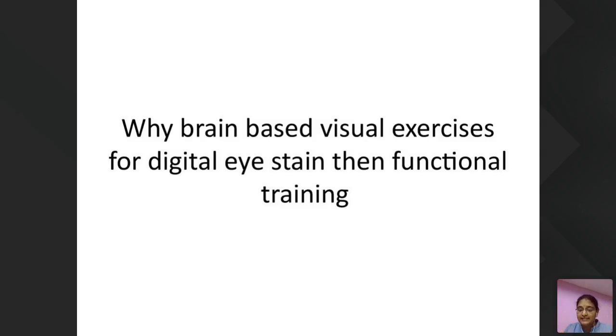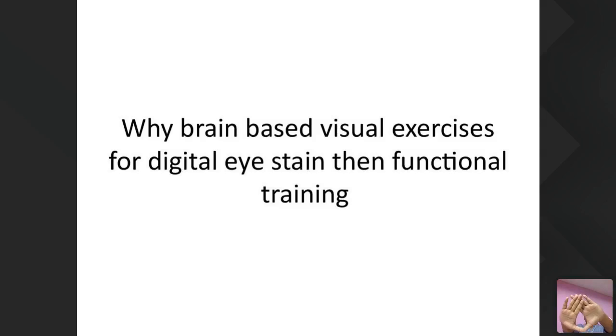All these exercises which I am saying, even for assessment, you can do with the spectacles or with the lens, because we are dealing with the functional aspect of the ocular assessment and brain based assessment. If we are doing the activities wearing the lens, we have to assess with the lens.